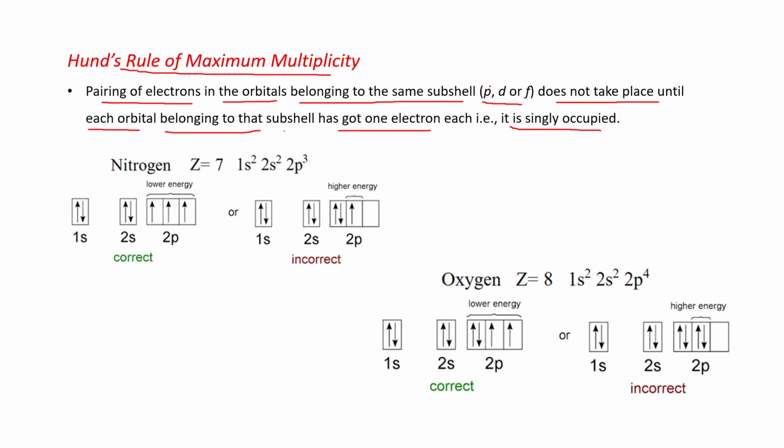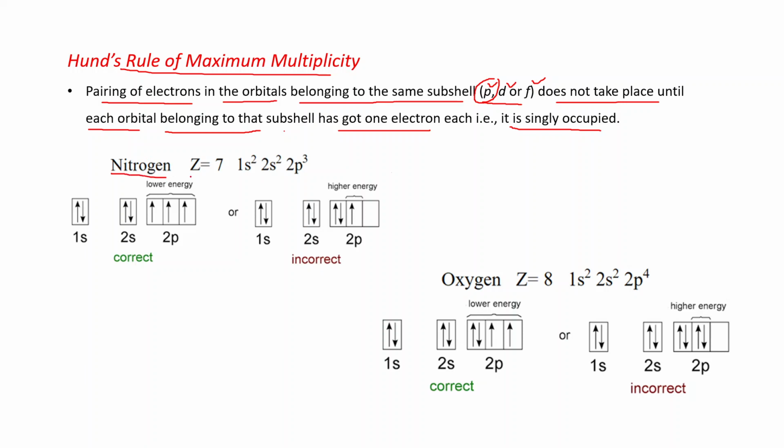You can say that p subshell has 3 orbitals, d subshell has 5 orbitals, f subshell has 7 orbitals. If we take the example of p, in this case 3 orbitals are there. First of all, each orbital will occupy a single electron. Then pairing will start.